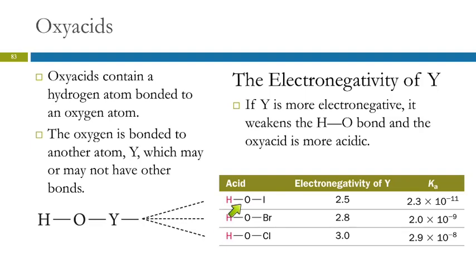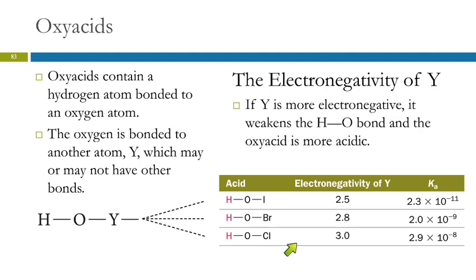So if we look here, we've got hypoiodous, hypobromous, and hypochlorous acids. Well, iodine has the lowest electronegativity, and it's going to be the weakest acid because its contribution to weakening this bond is less.